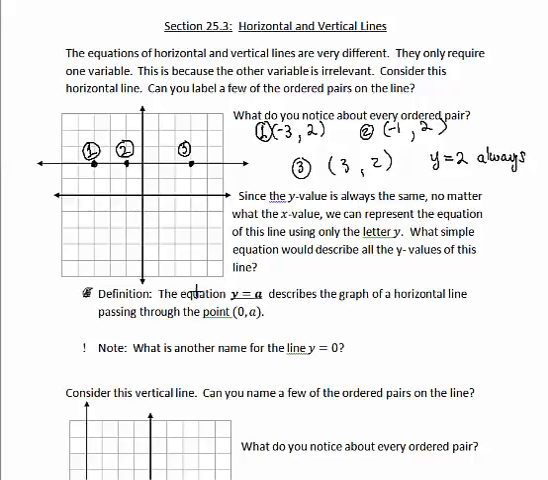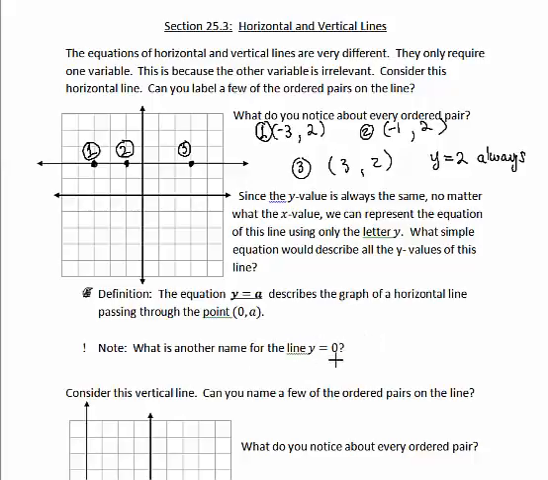Okay, so we have a definition here. It says y equals a, where a could be any real number, is the equation for a horizontal line. A special one: what is the name for the line y equals 0?